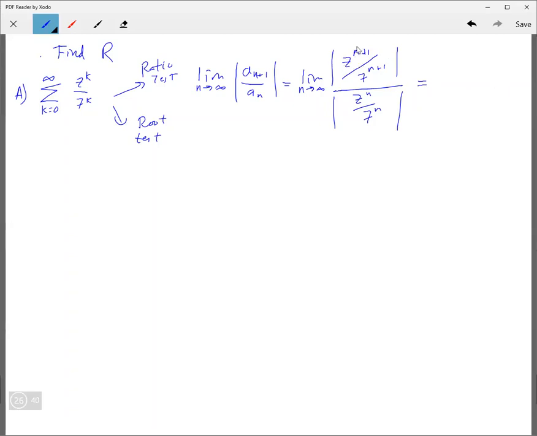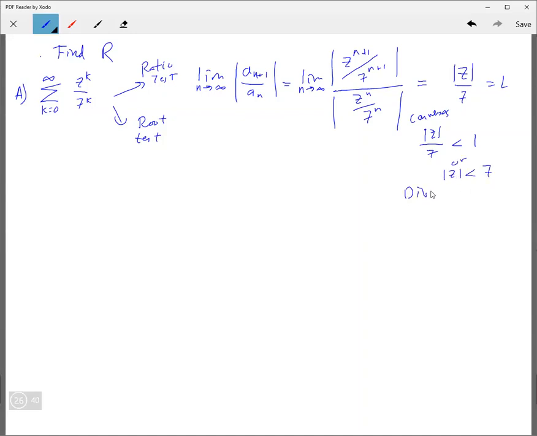And what's going to happen is z to the n plus 1 over z to the n, that's z. And 7 to the n plus 1 over 7 to the n, that's 7. So you're going to get this. Now that's going to be your L. And remember, you're going to converge if L is less than 1, or modulus of z less than 7.